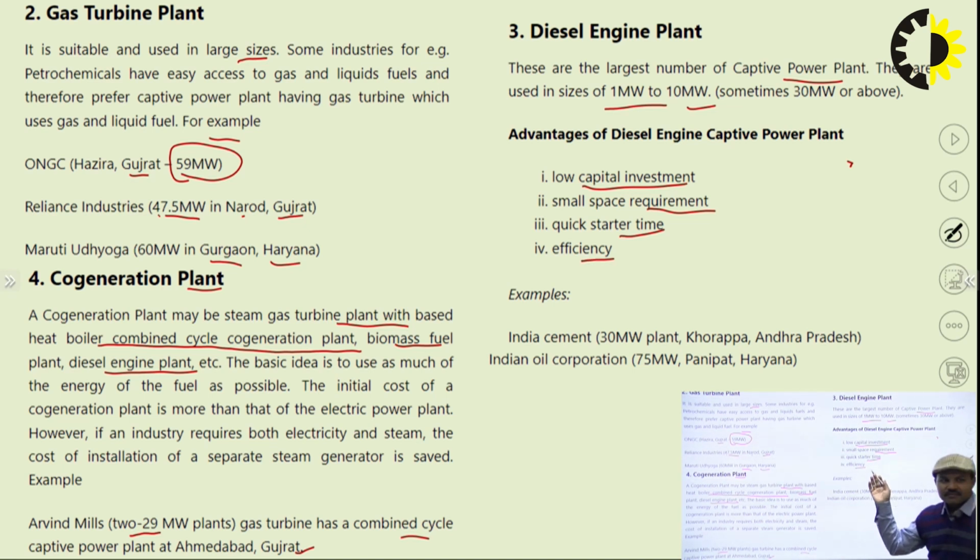It can start within 10 or 15 seconds. Efficiency is also higher, capital investment is less, and space requirement is also very low. Examples are India Cement 30 megawatt plant, Khorapa, Andhra Pradesh, and Indian Oil Corporation 75 megawatt, Panipat, Haryana.